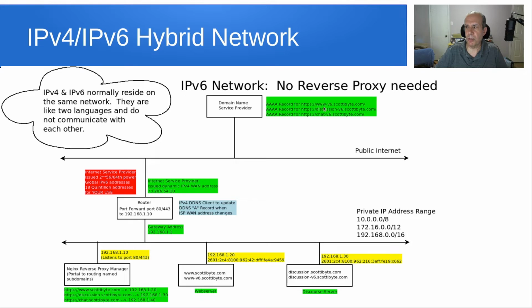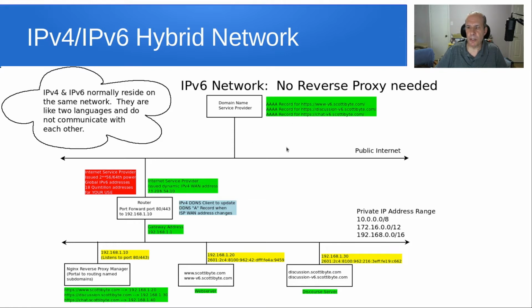So in the case of my services, I consider it kind of a best practice to say whatever the name of the service is, -v6, just to remind me it was a v6. So for example, on my web server, it's www-v6.scotti-byte.com. And if you access that, you'll be able to reach my web server at that address.